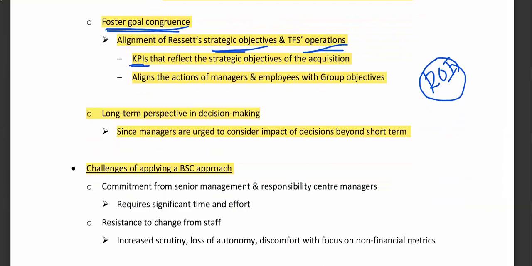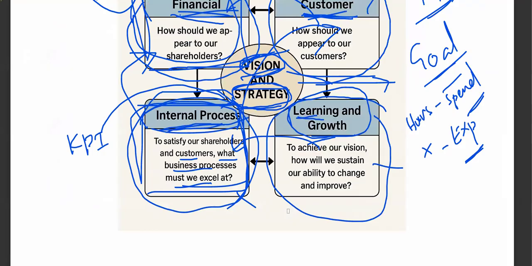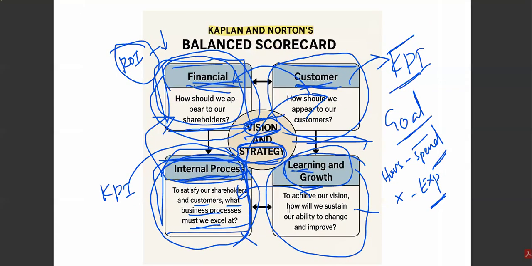And the main challenge would be to gain the commitment from the senior management of the responsibility center. That is, the subsidiary's management should be willing to support and show performance across all these metrics that we set for them. The easier one is to focus on one metric, right?